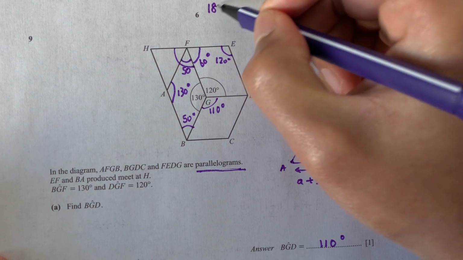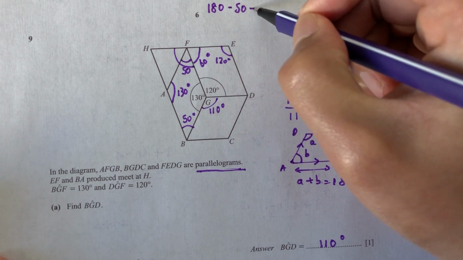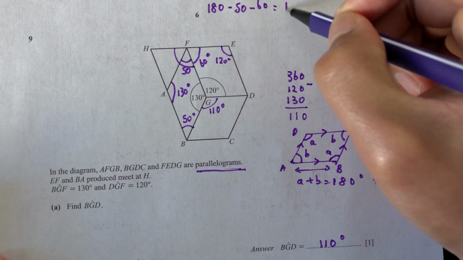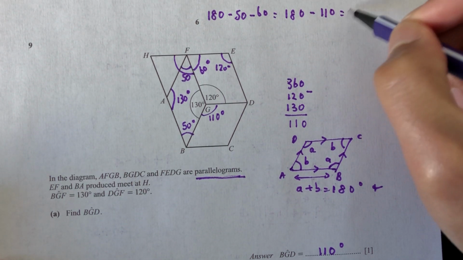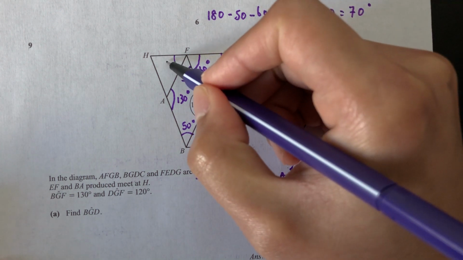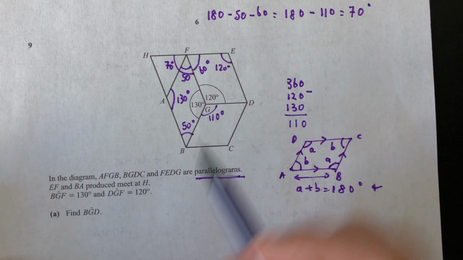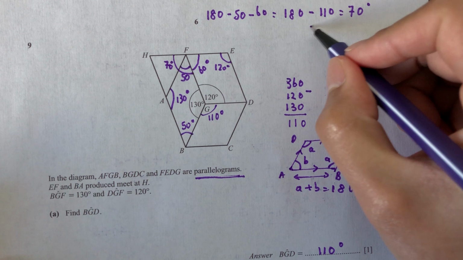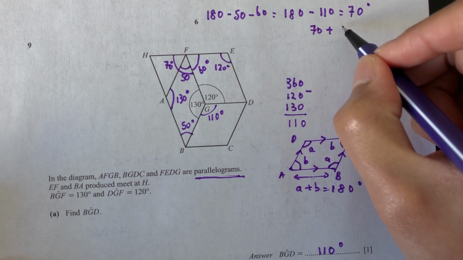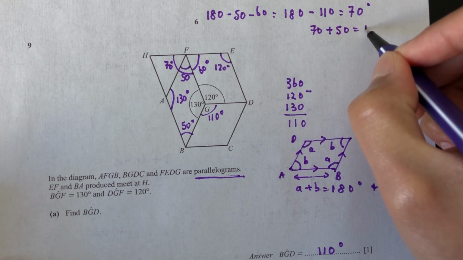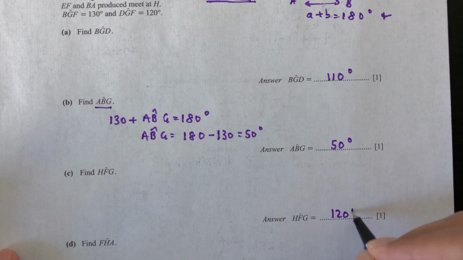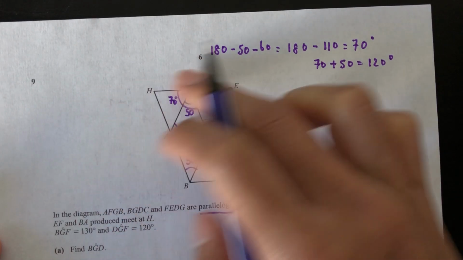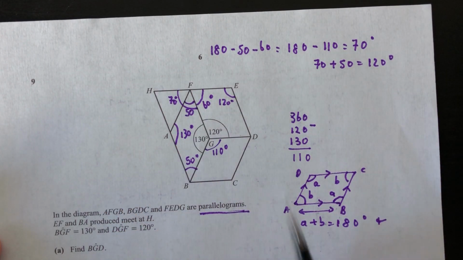So 180 minus 50 minus 60, that is 180 minus 110, that will be 70. The angle inside is 70. So this big angle is 70 plus 50, that will be 120. So angle HFG is 120.